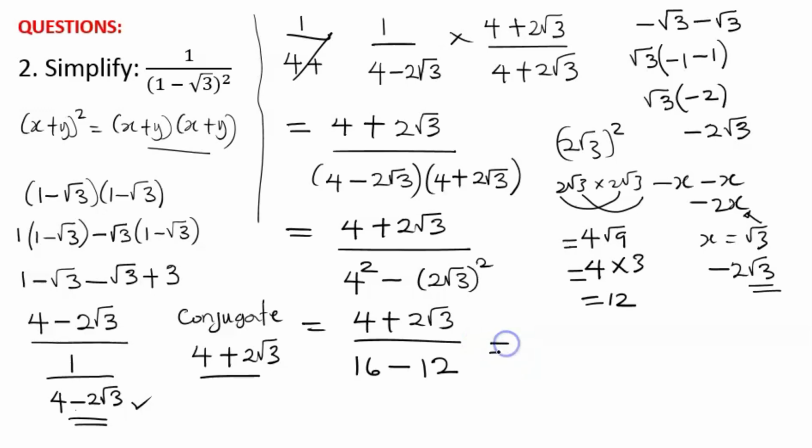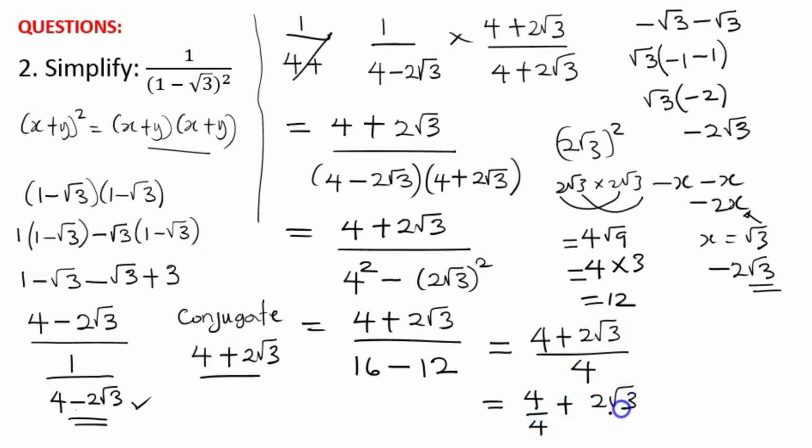So finally we are going to have 4 plus 2 root 3 over, if you take 12 from 16, you'll be left with 4. Now, I can also go further, I can say 4 over 4 plus 2 root 3 over 4.